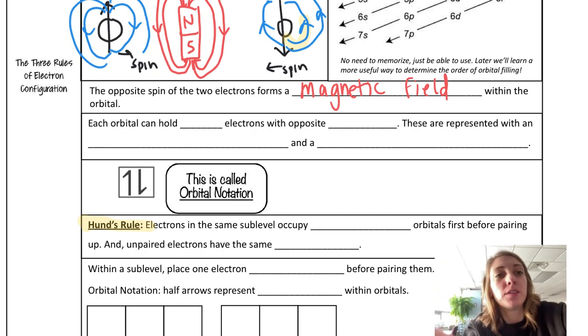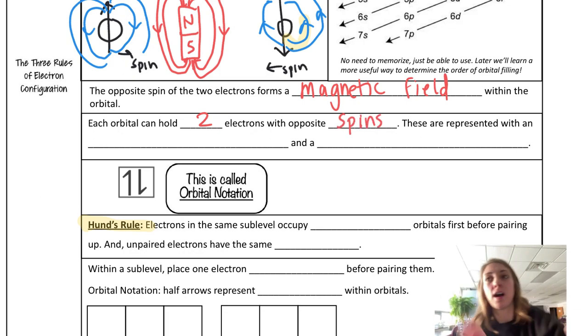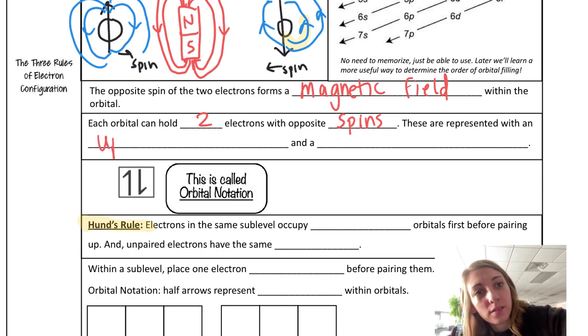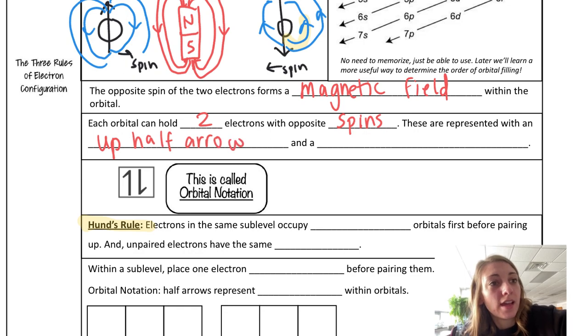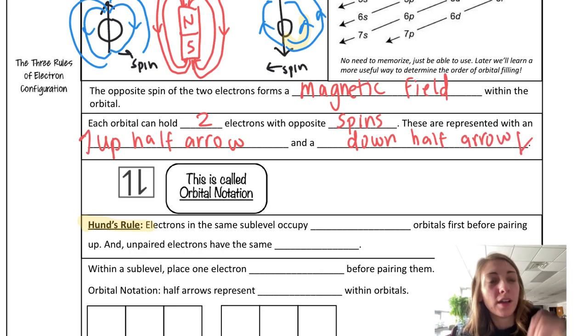Each orbital, as we know, can hold two electrons with opposite spins, and these are represented by an up half arrow. I didn't remember that I had these in the notes, obviously, because I already told you this. And then the other one is a down. We do just use half of an arrow. I don't really know why, to be honest. It's just kind of what we do. So an up half arrow and a down half arrow.